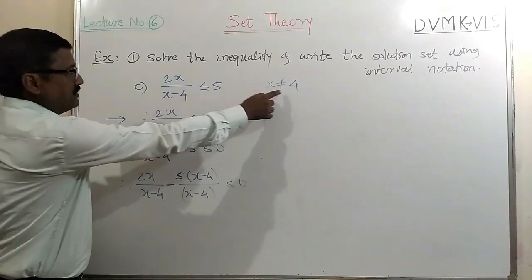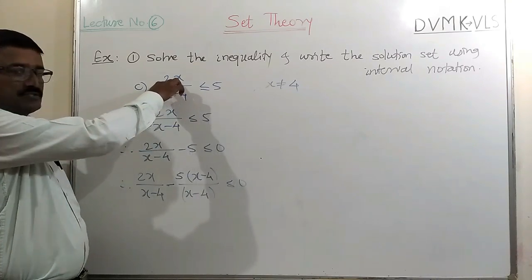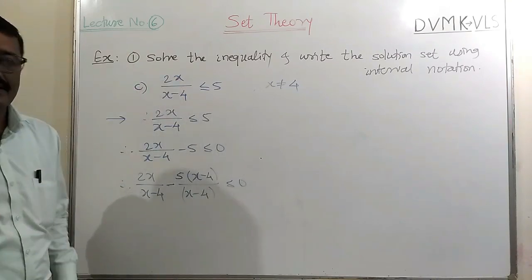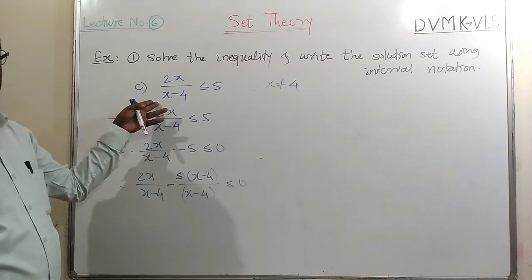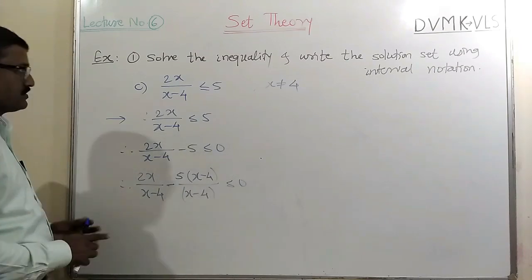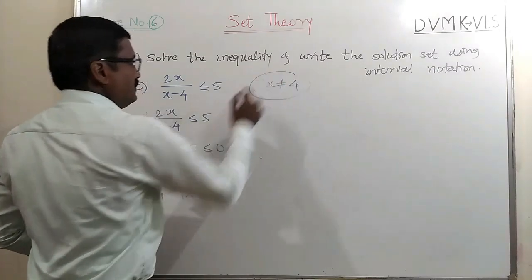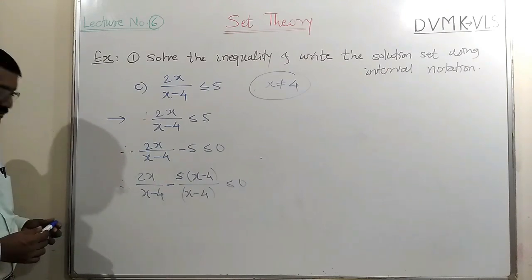If x is 4, then 4 minus 4 is 0, and this will give us 8 upon 0, which is obviously infinity, not defined, so it is not possible here. So this is the given information in this example. So x is not equal to 4.